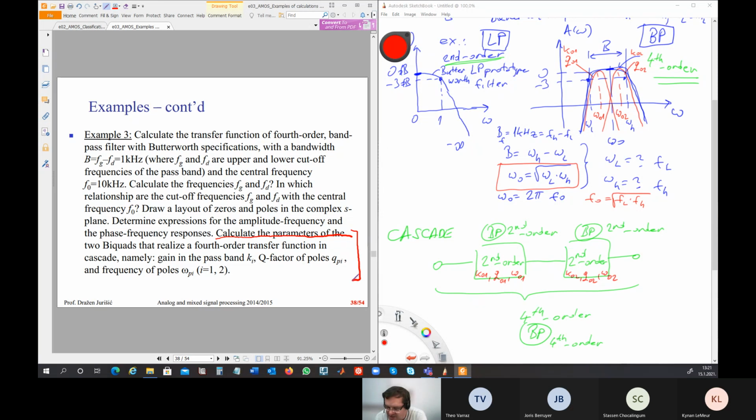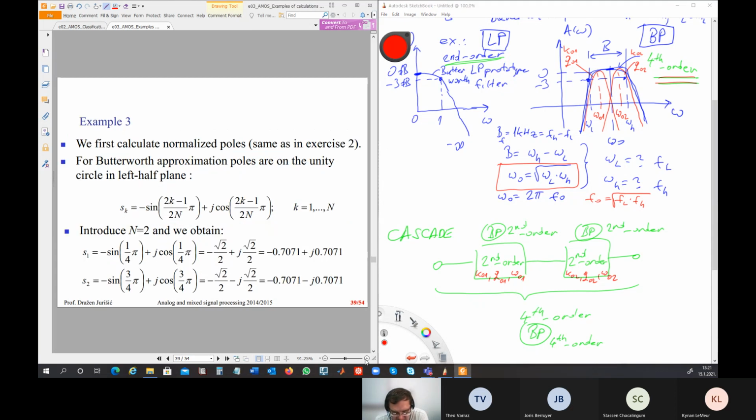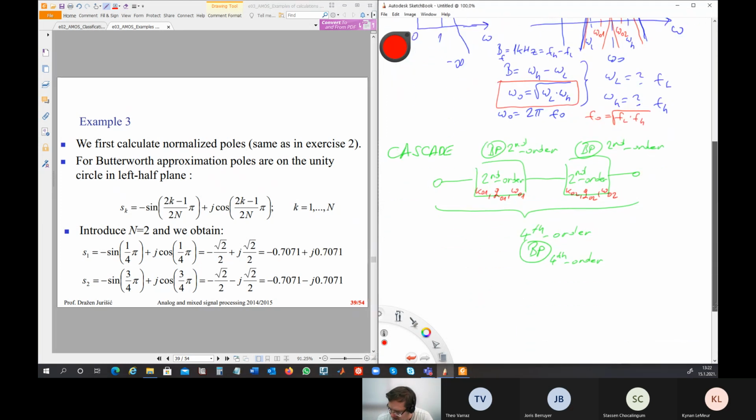Now the question is first how we calculate this fourth order function, and then in the next step we can realize it as a cascade of two second orders. So this is our third example. It is given for us to calculate from the second order Butterworth prototype, but before I continue, I will say another thing.